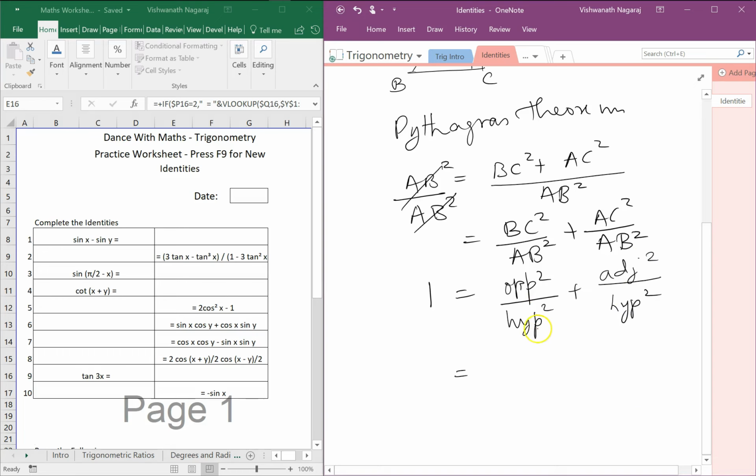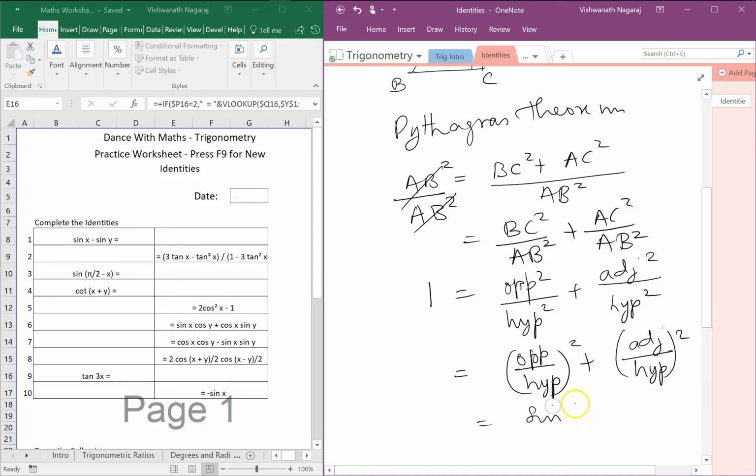Now this can be written as (opposite by hypotenuse) square. I am just taking you step by step. In many books these steps might be skipped. Now opposite by hypotenuse is what?